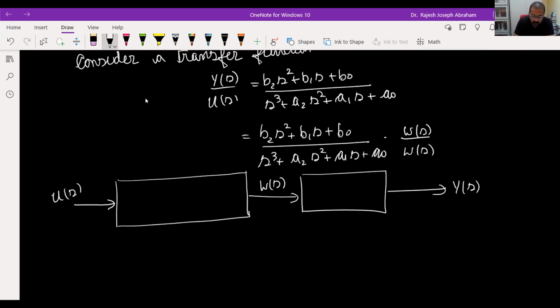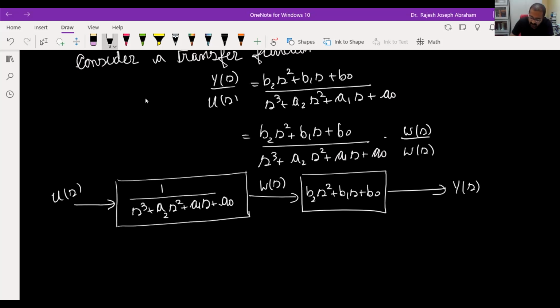Okay. So what I will do now is first enter the denominator part here: 1 divided by s cubed plus a2 s squared plus a1 s plus a0. Then I will write the numerator part here: b2 s squared plus b1 s plus b0.